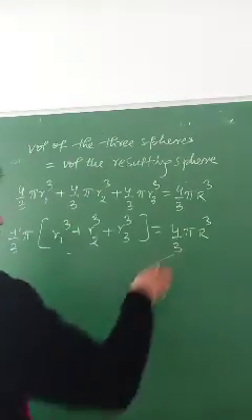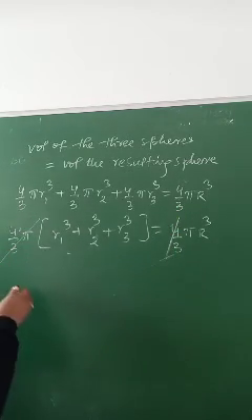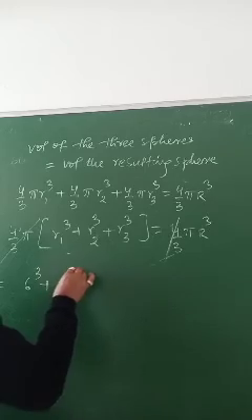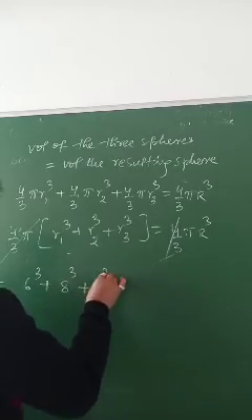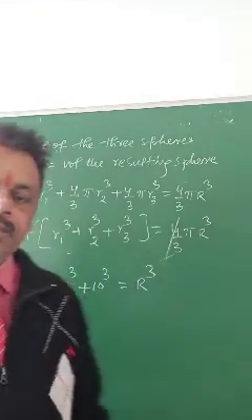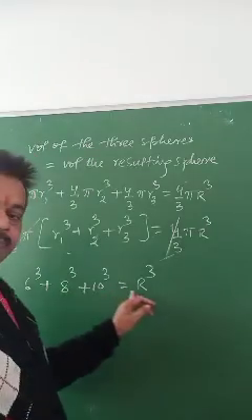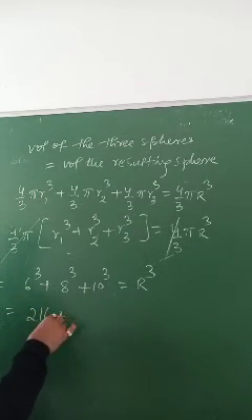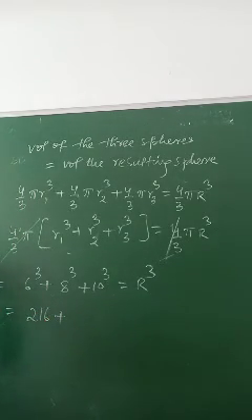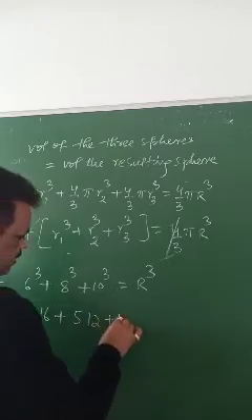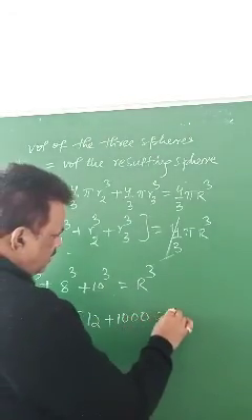So 4 by 3 is cancelled. 6 cube, 8 cube, 10 cube equals R cube. Here you have to simplify. How to simplify? 216. 8 8s are 64, 512 I think. 512 plus 1000 equals R cube.